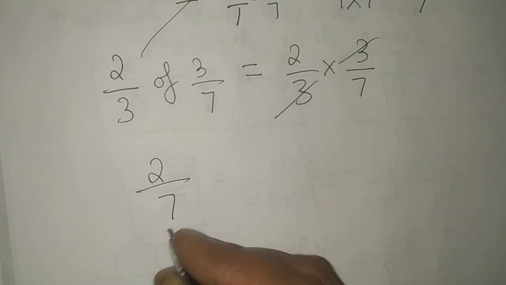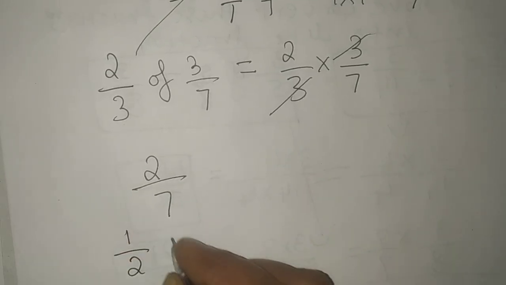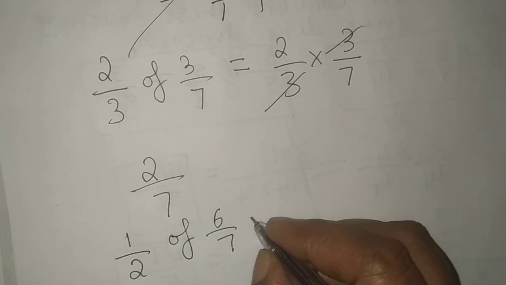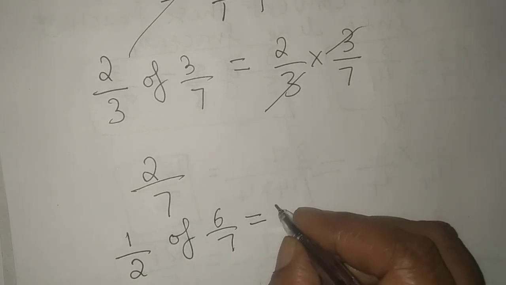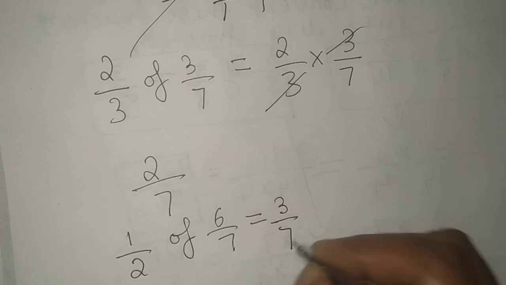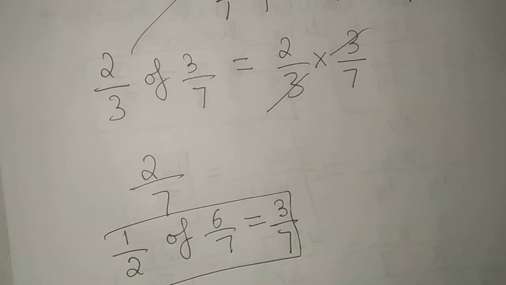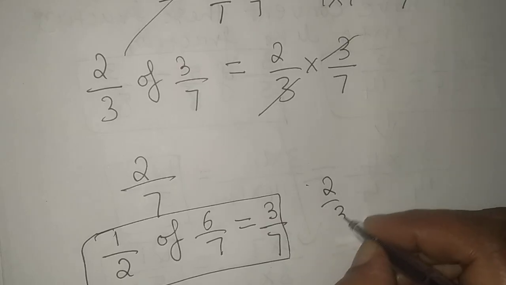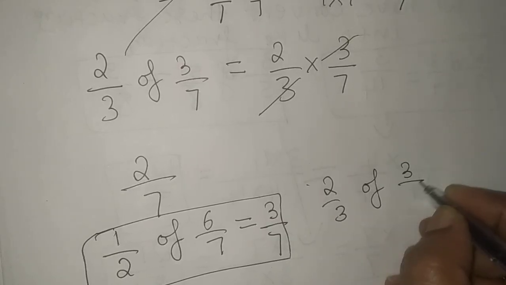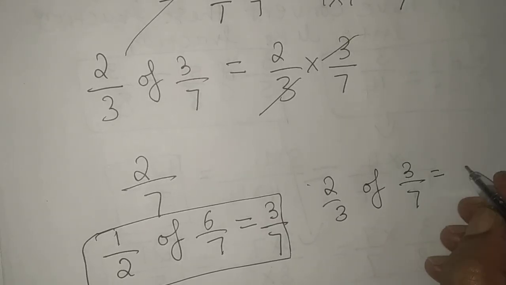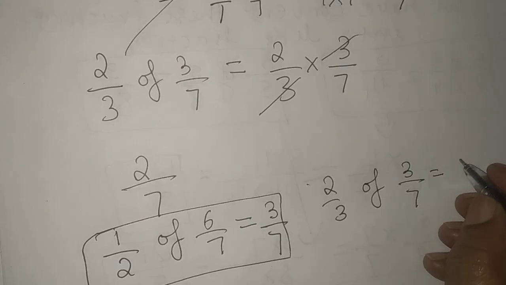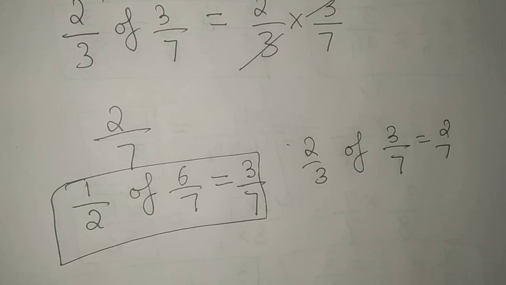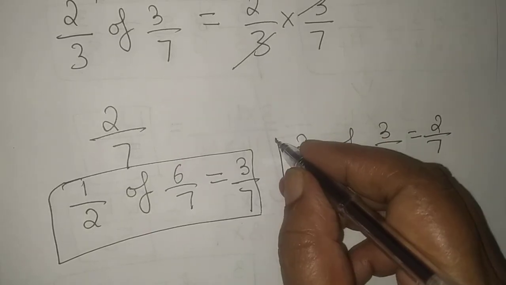Now take these two. 1 by 2 of 6 by 7 is equal to how much we get? 3 by 7. And 2 by 3 of 3 by 7, which is equal to 2 by 7 we are getting. 2 by 7. So which is greater?